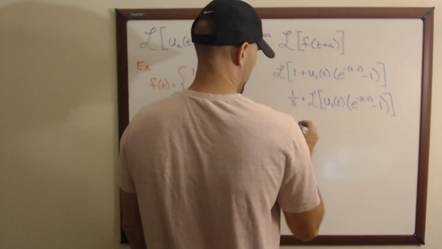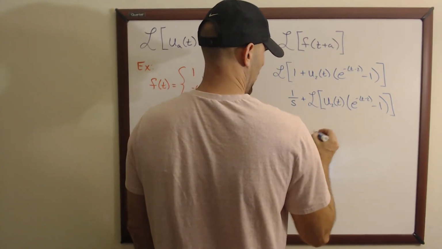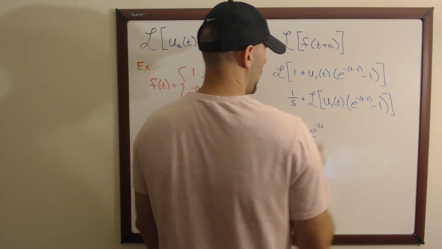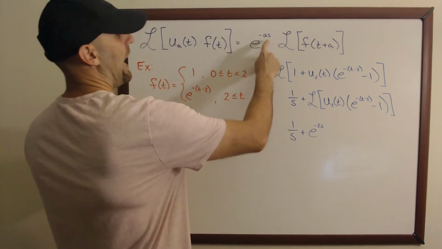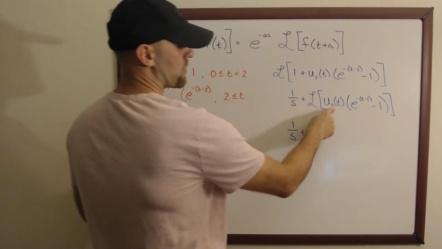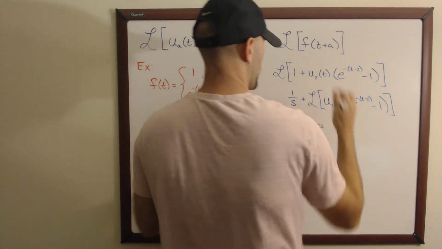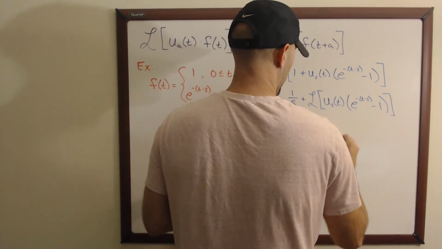So I've got 1 over s plus e to the negative 2s. Remember, a is 2, so that's where the 2 comes from, times the Laplace transform of f of t plus a.